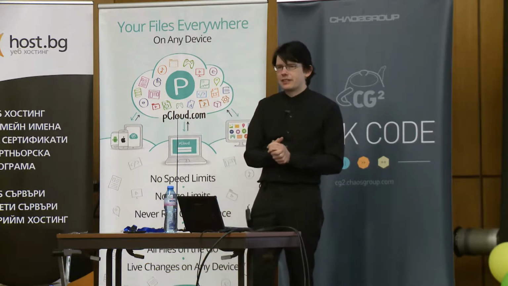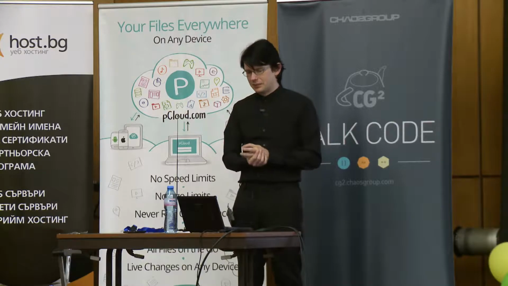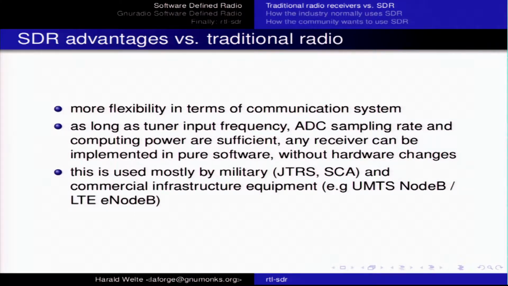So what kind of advantages does this bring to us? Well, we have lots of flexibility, and that's of course very interesting, especially in a research context or an experimentation context of any sort.